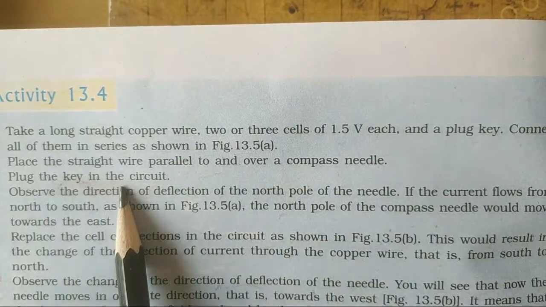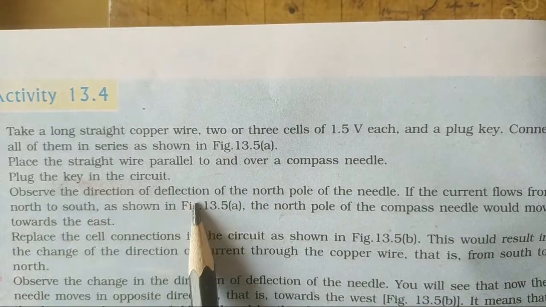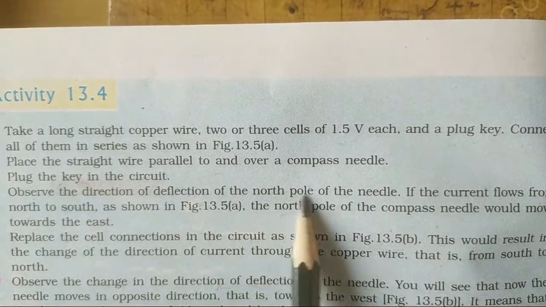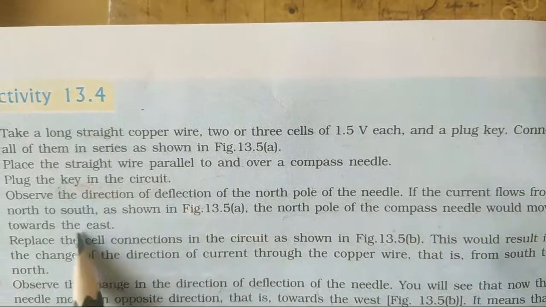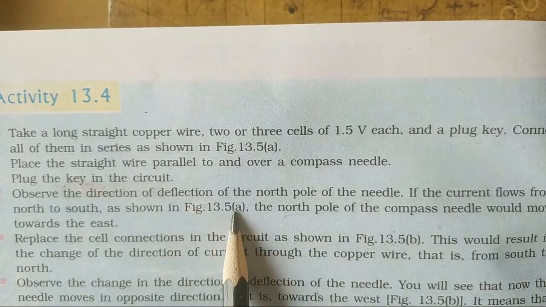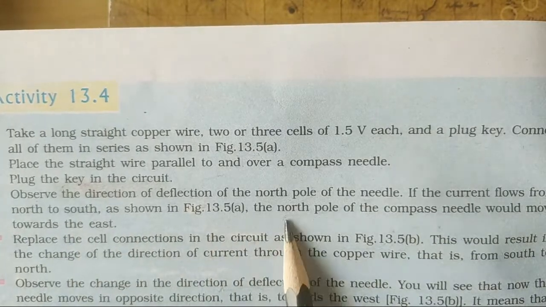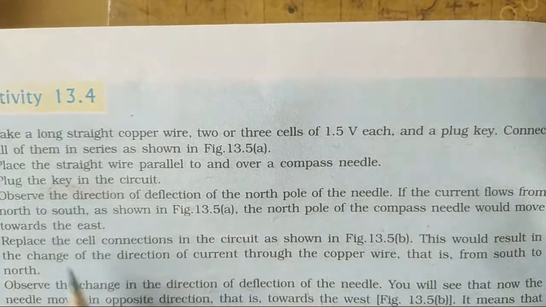Plug the key in the circuit. Observe the direction of deflection of the north pole of the needle. If the current flows from north to south as shown in figure 13.5a, the north pole of the compass needle would move towards the east.